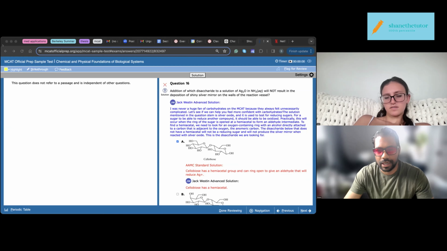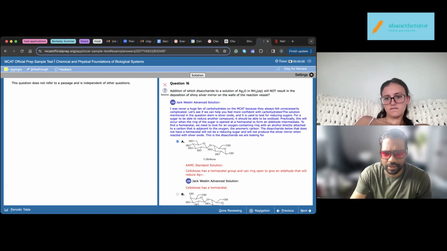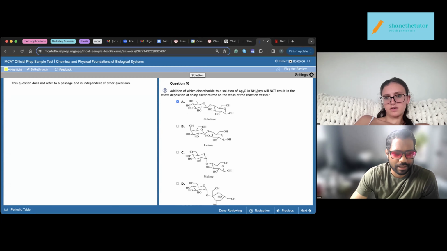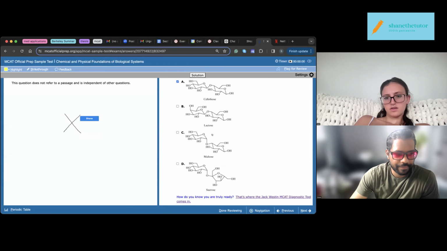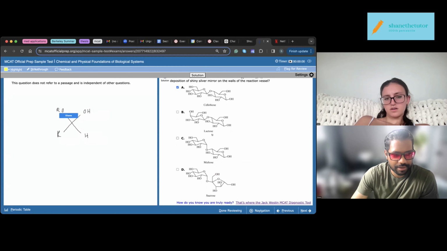So you could hide the solutions, just so we can see everything with fresh eyes. So now, if you have this as a functional group, this is a hemiacetal.